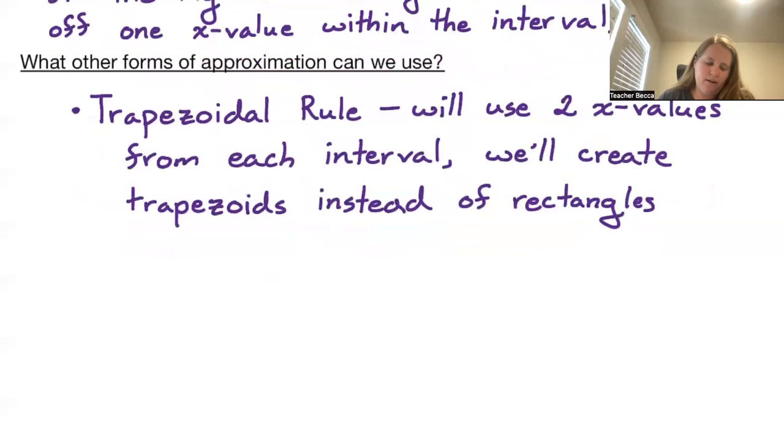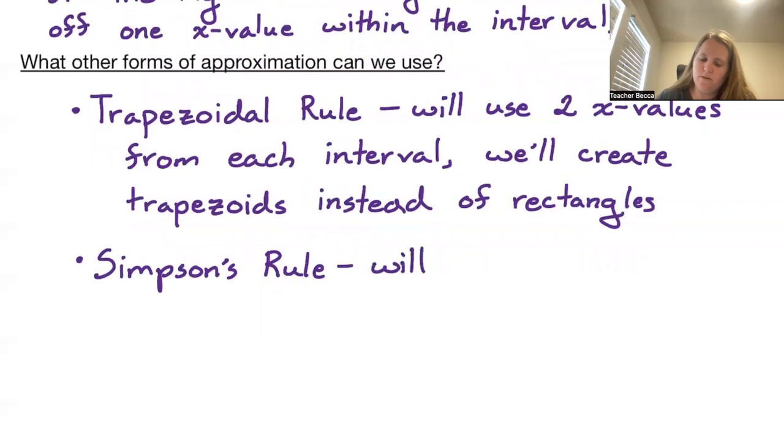And the other thing we will use will be Simpson's rule. Simpson's rule will use three x values from each interval.